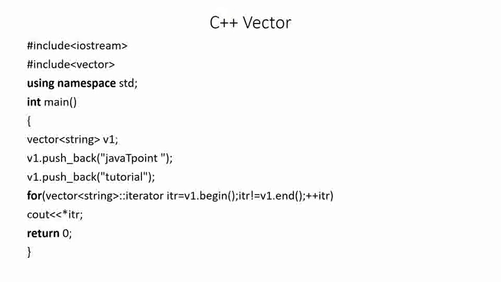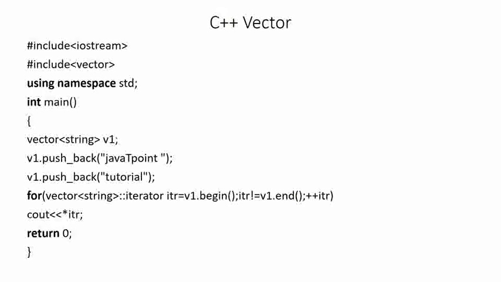In this session, we see the program of vector. Vector is a class that creates a dynamic array. In that dynamic array, the vector allows us to insert and delete elements from the back of that array.